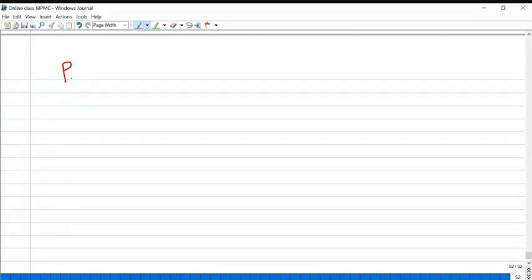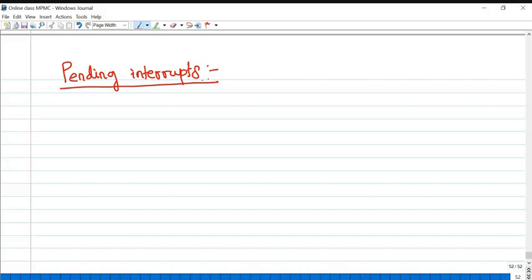Meanwhile, if there is any pending interrupt, how will the processor recognize it? That instruction is called RIM, read interrupt mask.